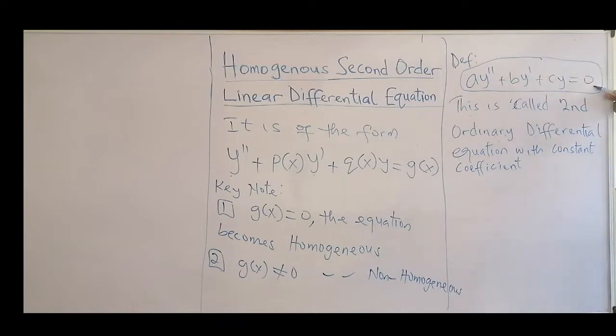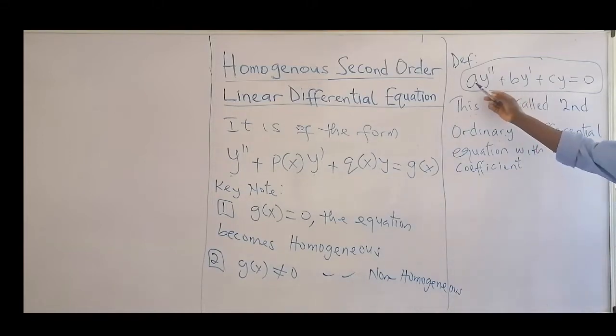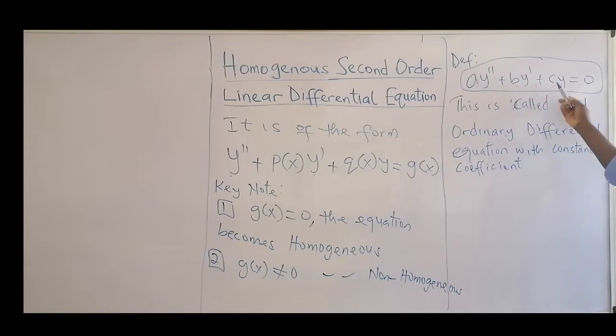This equation is homogeneous, you can see it is equal to 0. So it is called a second order ordinary differential equation with constant coefficients. These are the constant coefficients a, b, and c.